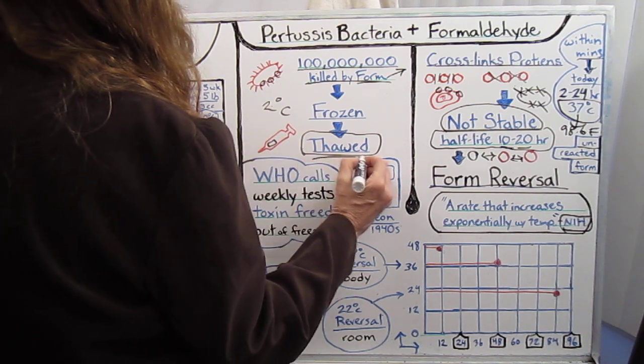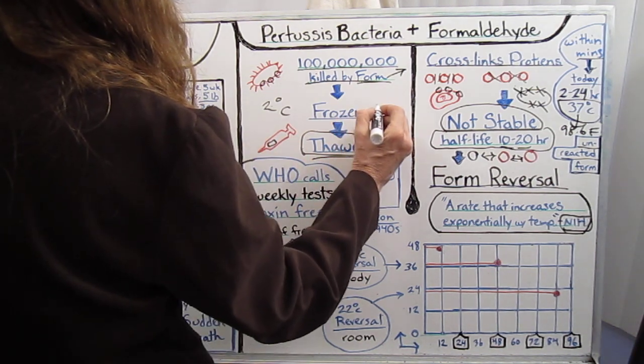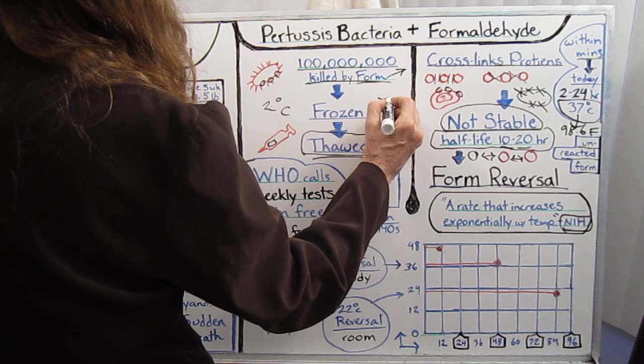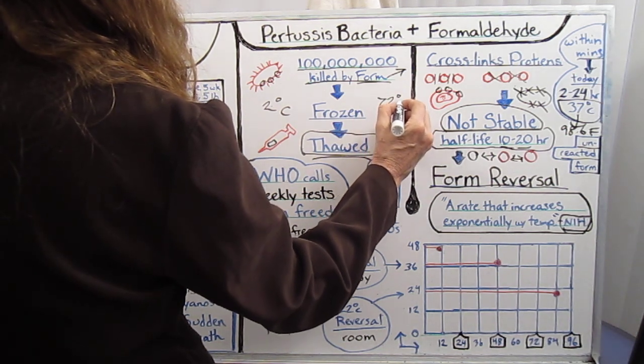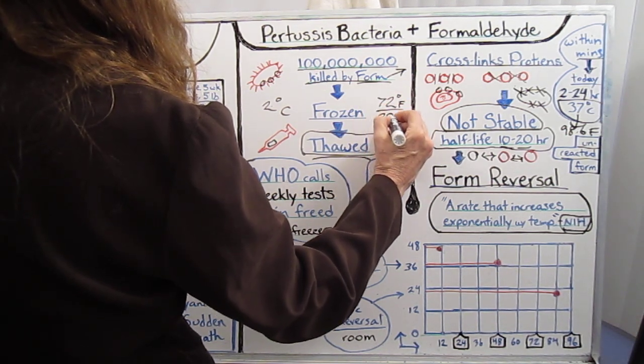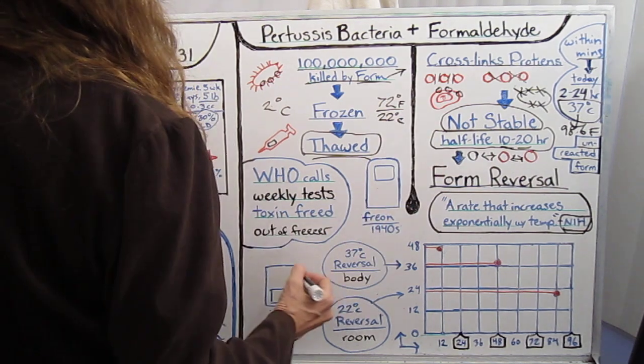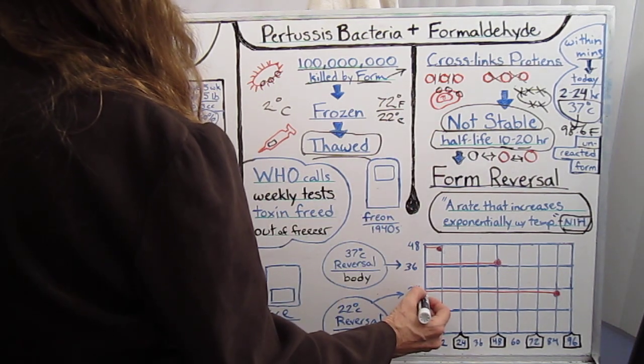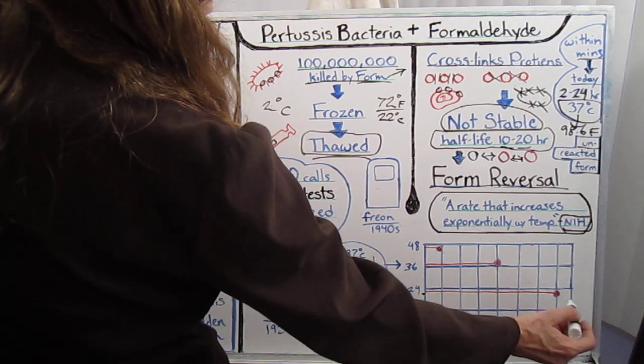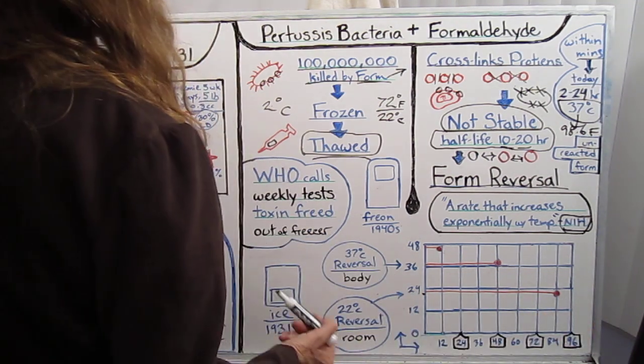Not only does it have to be thawed out, it has to be given to them at room temperature, which is 72 degrees Fahrenheit, which is 22 degrees centigrade. At room temperature, it's now broken down in 3.5 days.